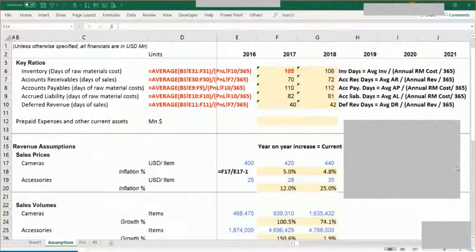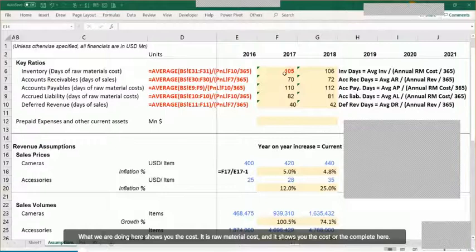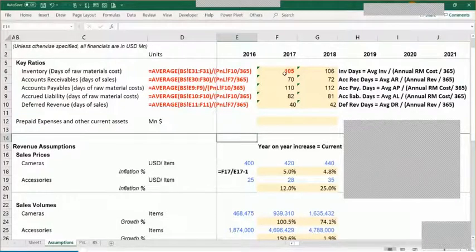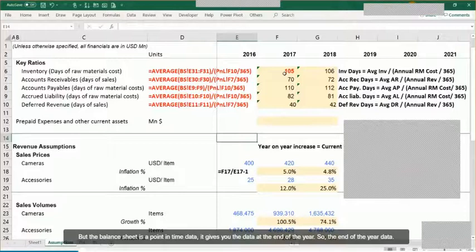What we are doing here, see, the P&L shows you the cost. If it is raw material cost, then it shows you the cost for the complete year. So right from day one of 2017 till the last date of that particular year, you would have spent some amount, and it gives you the total for that year. But the balance sheet is point-in-time data.